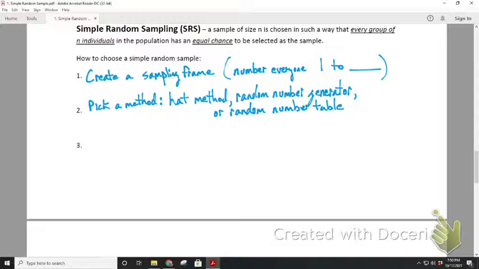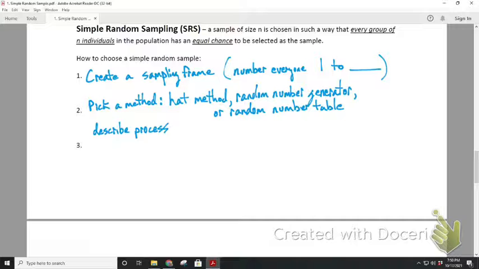So you do have to know how to do it, because AP could print a list of random numbers and you need to know what to do. But we'll probably do that in the spring. In that second step there, you pick a method and describe the process. And then lastly, I call these 3 steps, but I just put it in a paragraph usually.